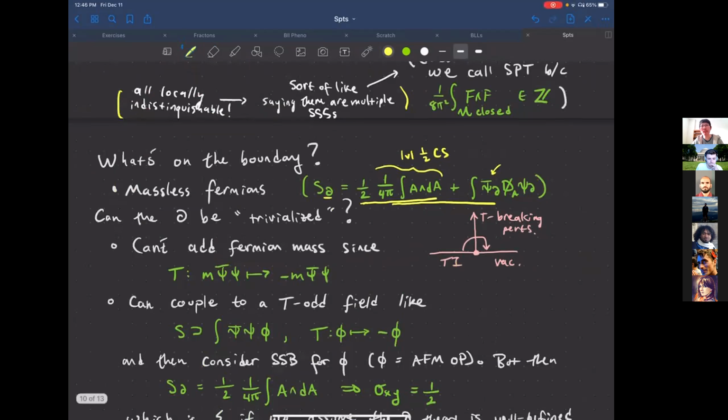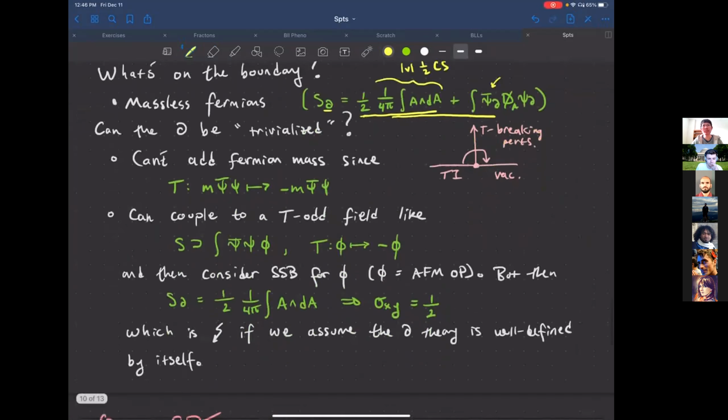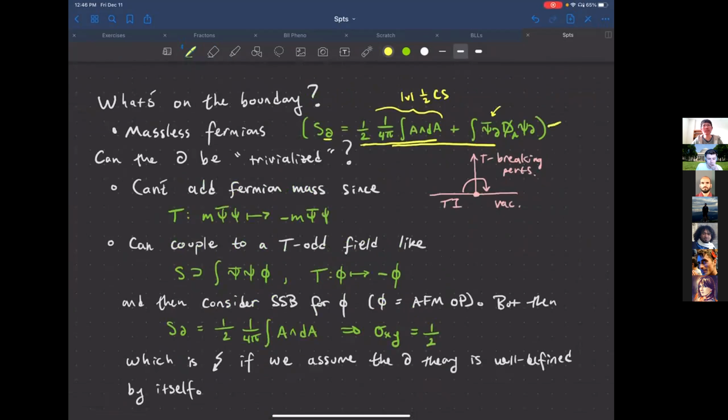So let's do some checks on this action, S boundary, and see if it's interesting. One way we can make this S boundary non-interesting is to add a fermion mass to the boundary, right? To just extend the mass into the boundary, or just add a 2 + 1 dimensional mass for the fermions on the boundary, right?